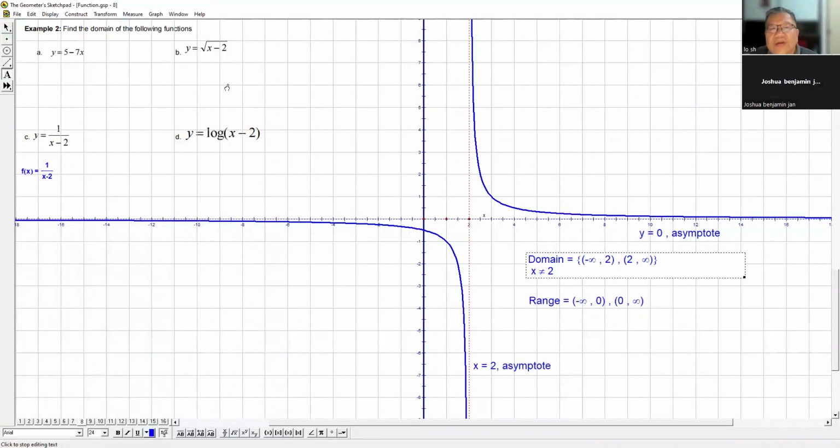Okay, right. So any question on the domain of this graph and also the range?